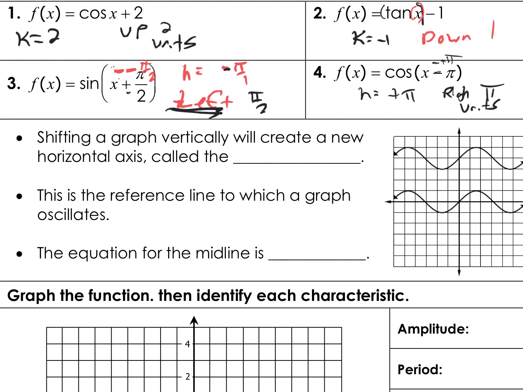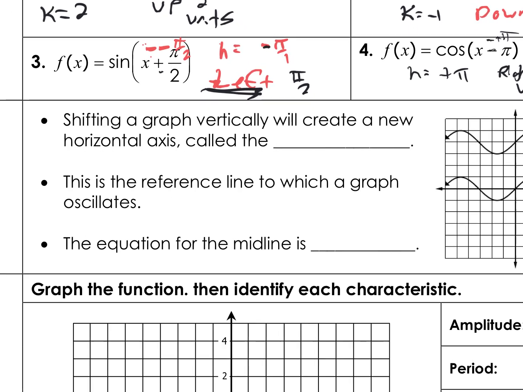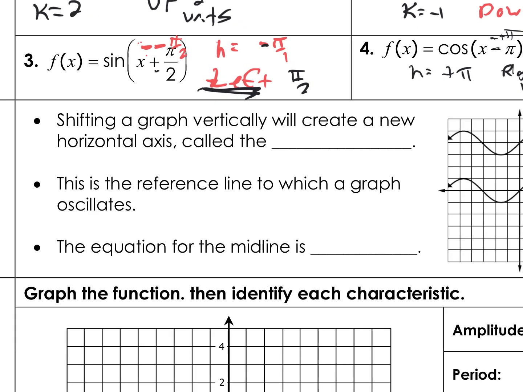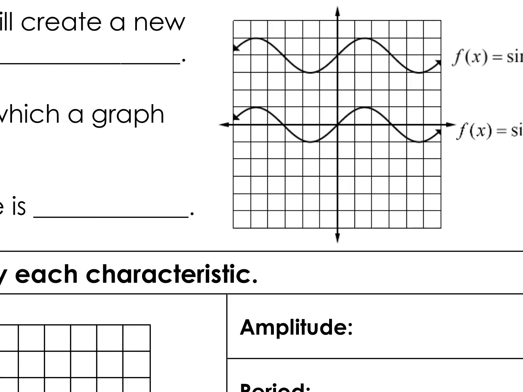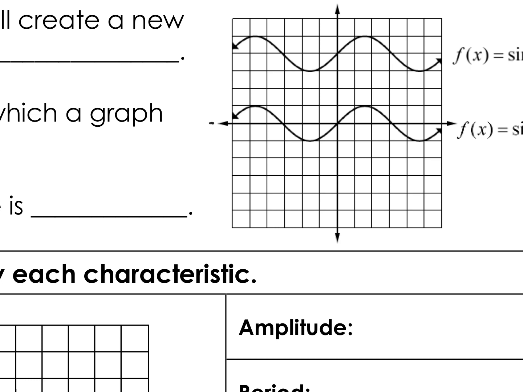So shifting a graph vertically will create a new horizontal axis. Our horizontal axis yesterday was always here at y equals 0. It has a name besides the x-axis.